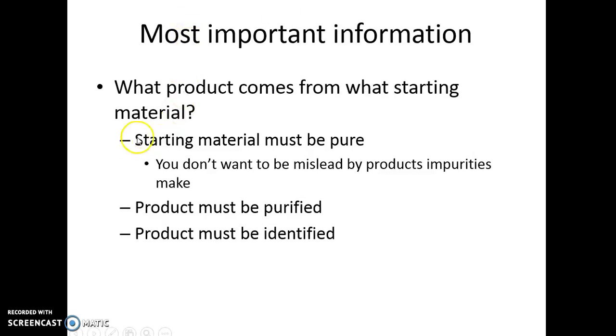So the most important information is what product comes from what starting material, and you have to have a pure product and a pure starting material, but this is going to be pretty straightforward.